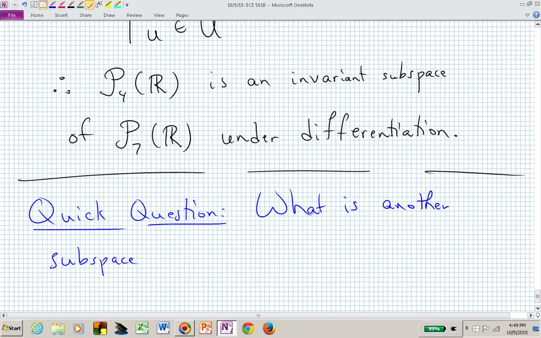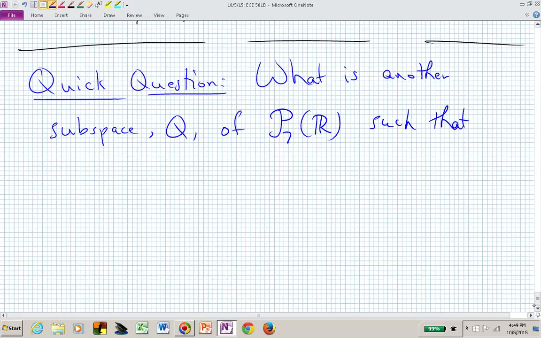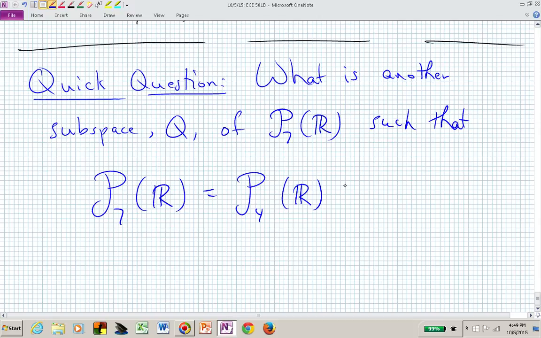What is another subspace, let me call it Q, of P sub 7 of R, such that P sub 7 of R is equal to P sub 4 of R plus Q? What's Q?